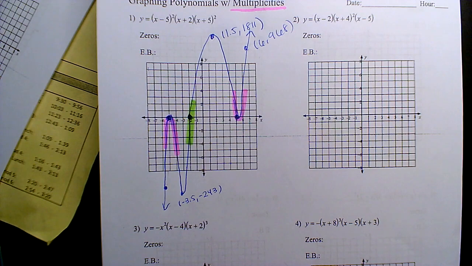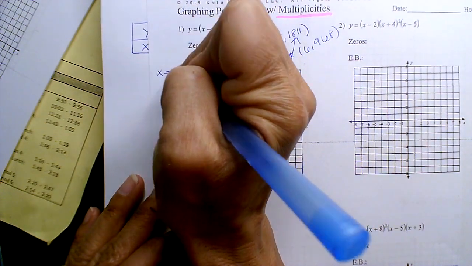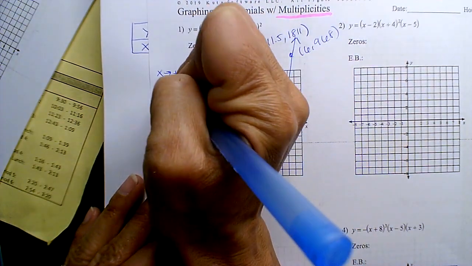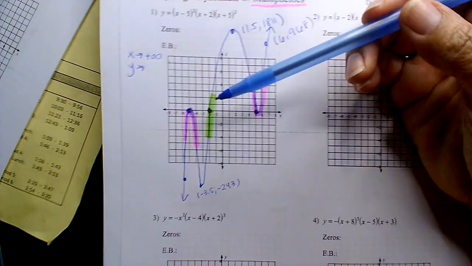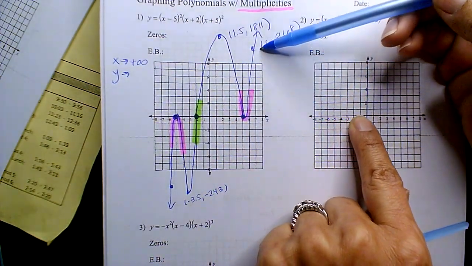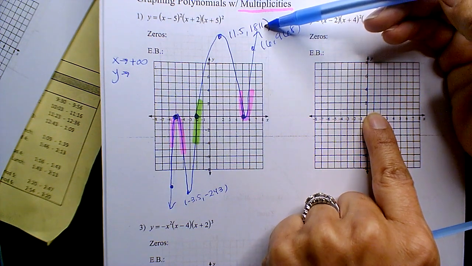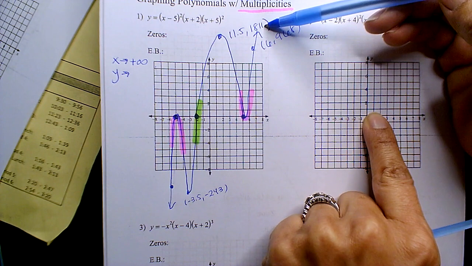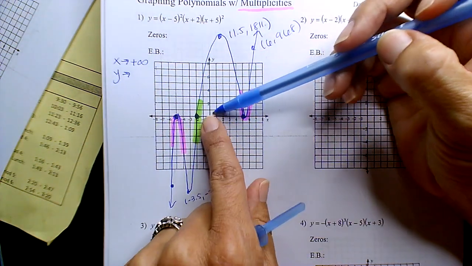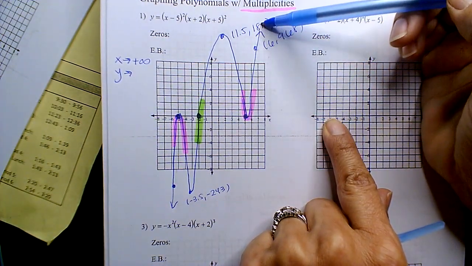Oh, let's do end behavior. Sorry, end behavior here, just because I'm talking anyways. When x approaches positive infinity, what is y doing? As x moves more and more to the right, what's this function doing? As x gets more positive, what's happening to the function with the y-axis?